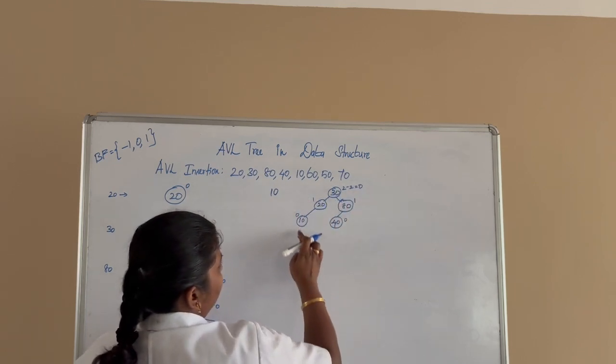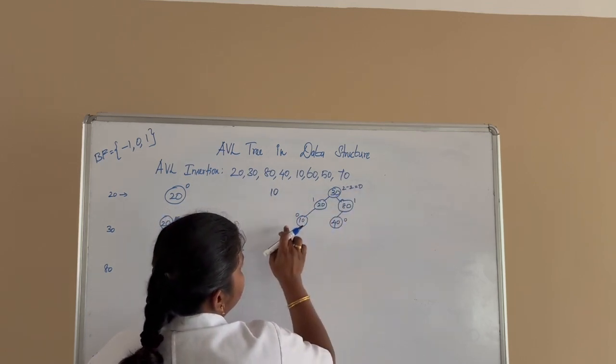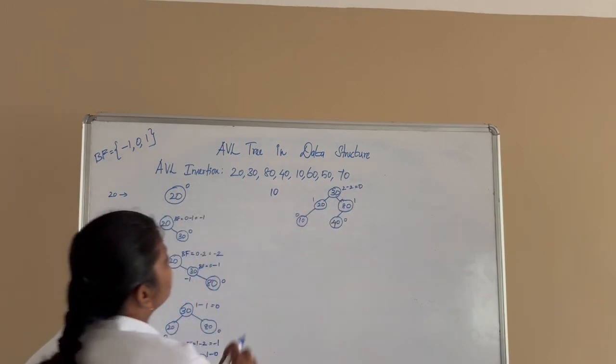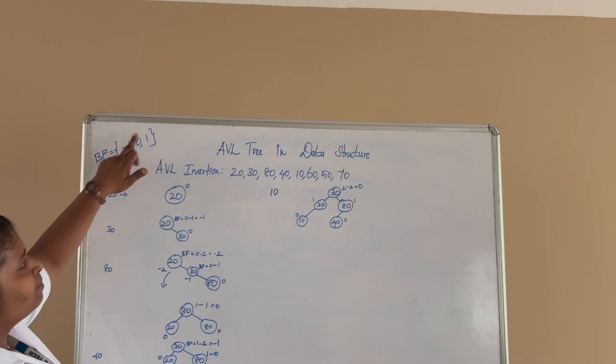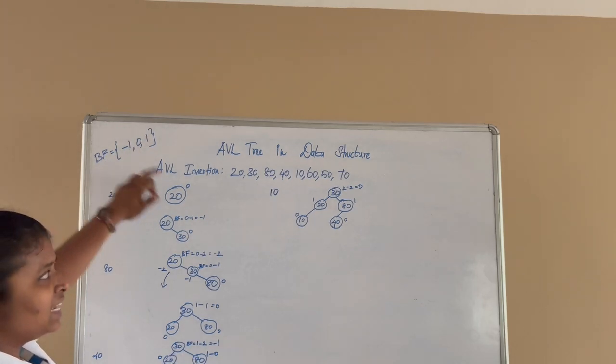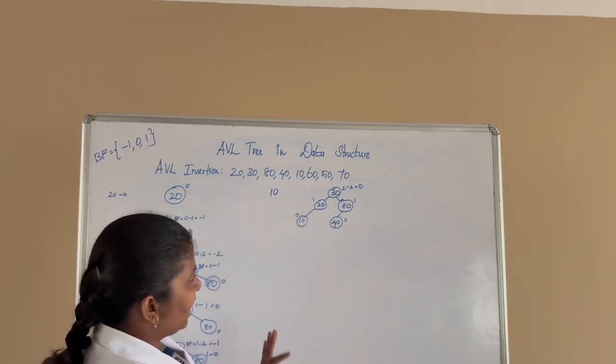So the balance factors of these nodes are 0, 0, 1, 1, 0. These all values are within the given balance factor range. So the tree after inserting 10 is balanced now.